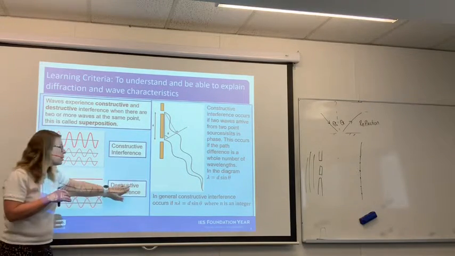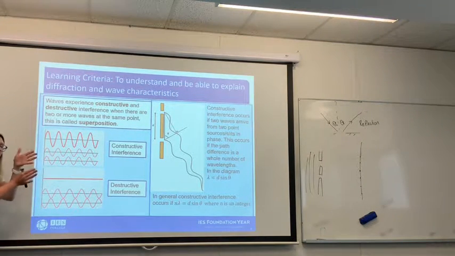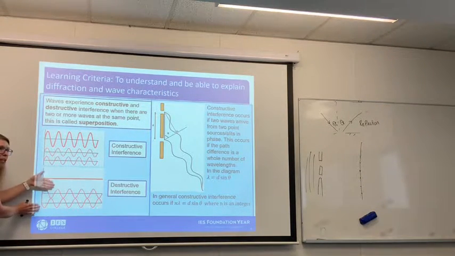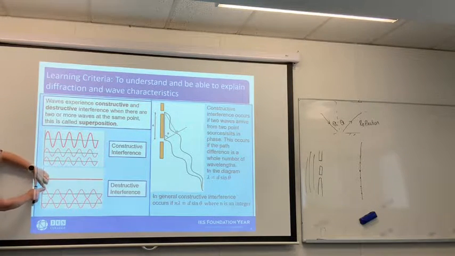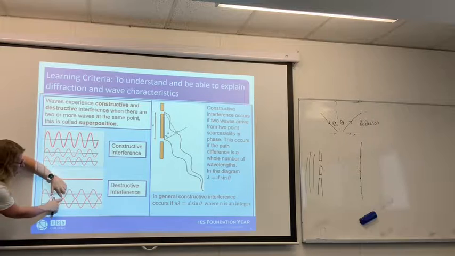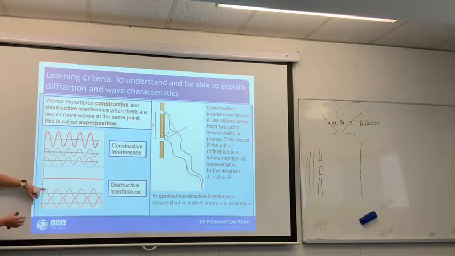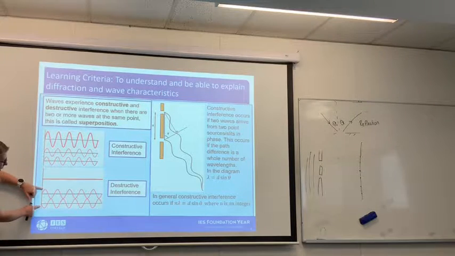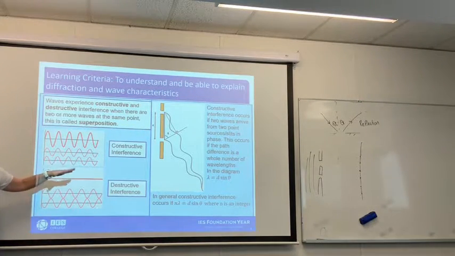We already know from last week that destructive interference happens when you take two coherent waves but put them 180 degrees out of phase. Where one has a maximum amplitude on one side of the axis, the other has it on the other side, so they perfectly cancel each other out. This one is positive, this one is negative, the exact same size, and you end up with complete cancellation.